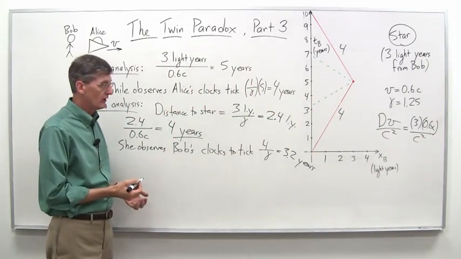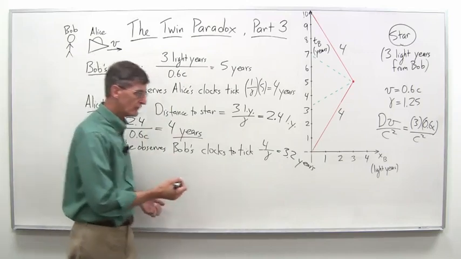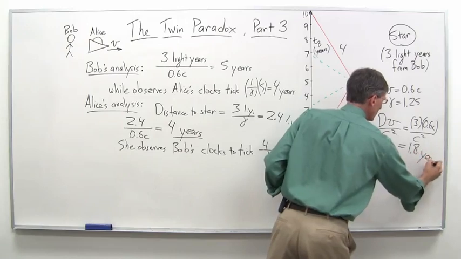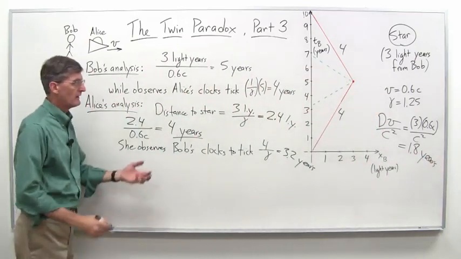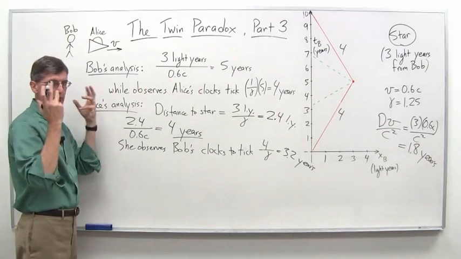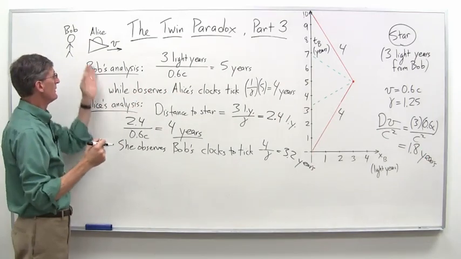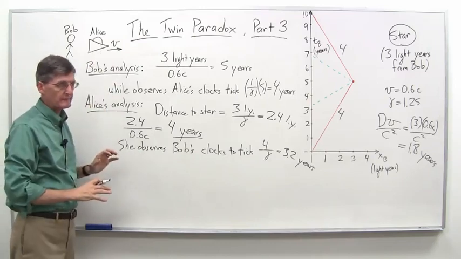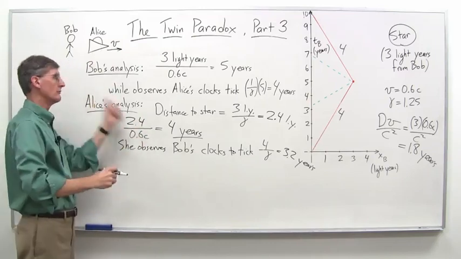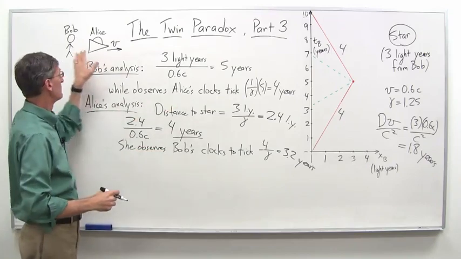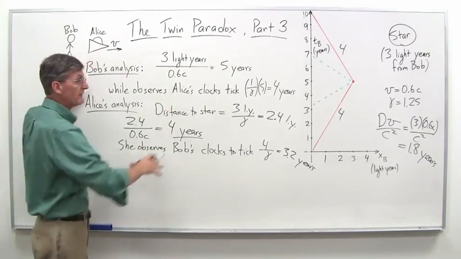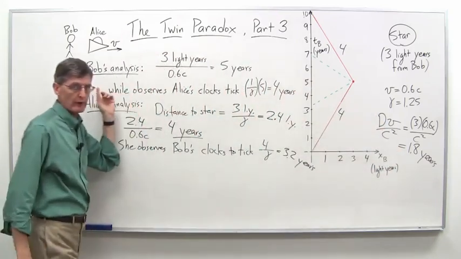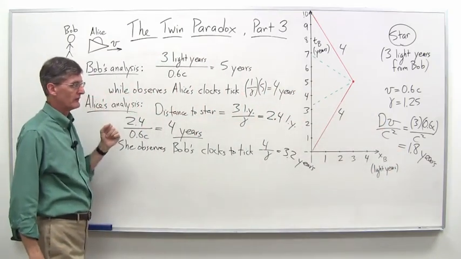So we just get 3 times 0.6, and we get 1.8 years. In other words, when Alice starts seeing the star coming toward her, and both Bob and Alice have their clocks at 0 at that point, and then the star starts coming towards them, Bob goes away. That means Bob's clock, which is reading 0 at that point, the star clock will be 1.8 years ahead of Bob's clock at his home planet, as it were.